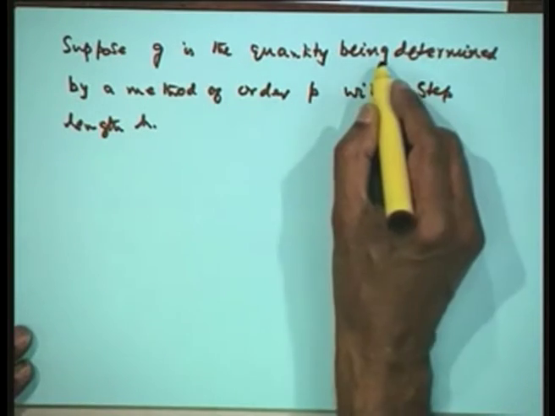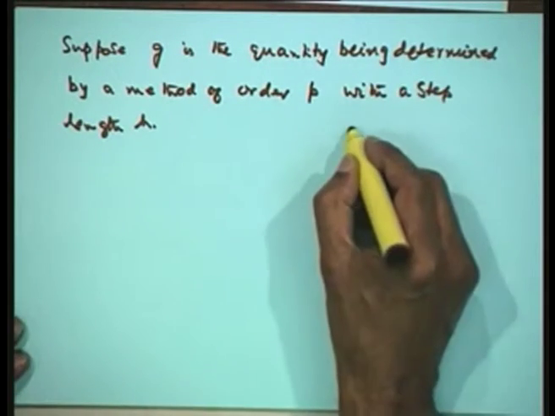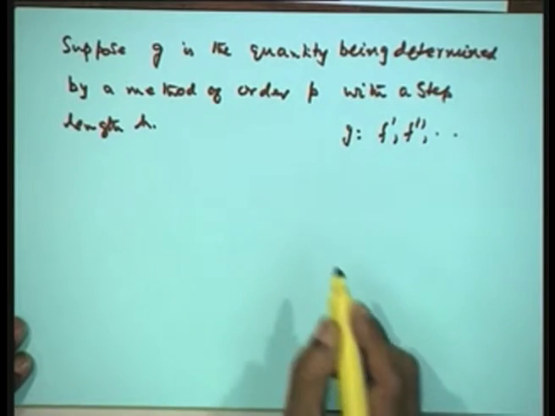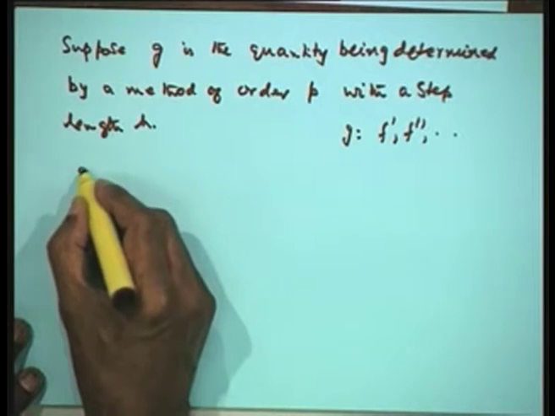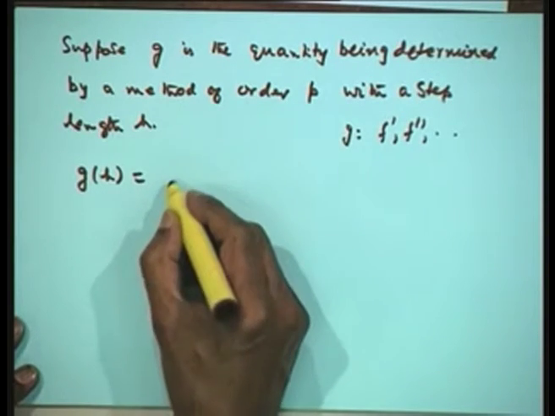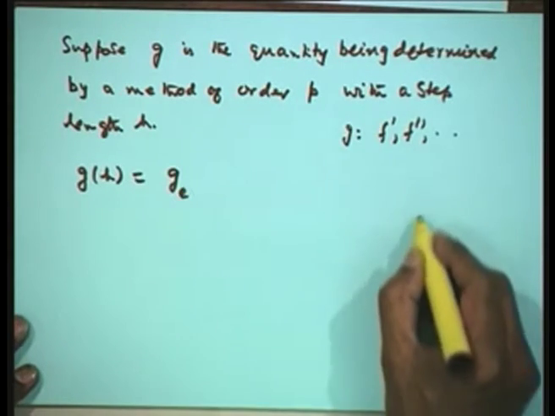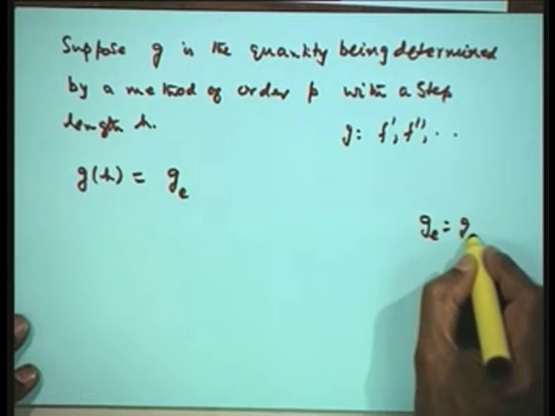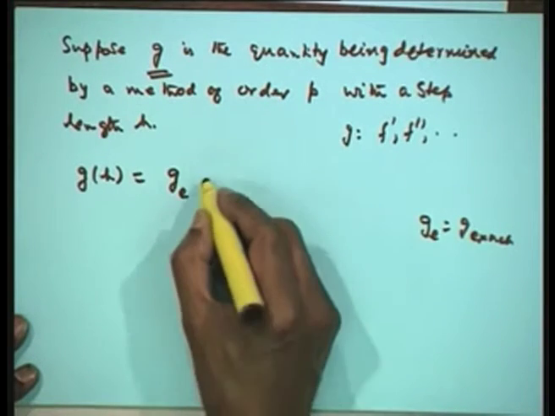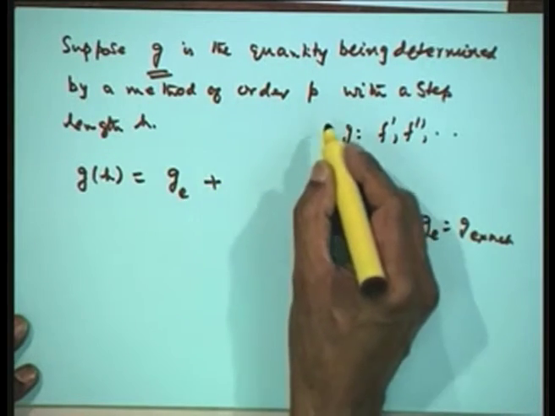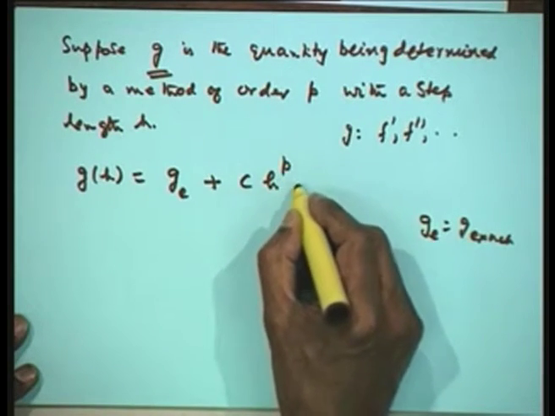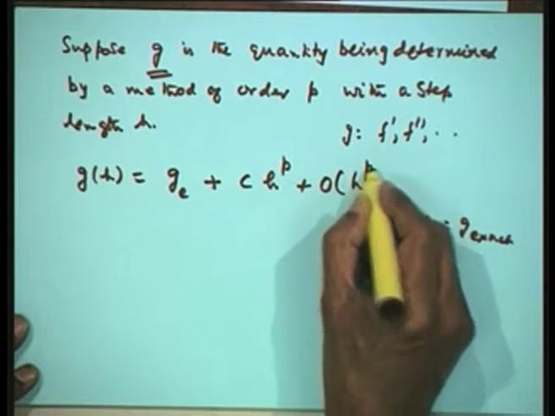Now, we can identify this quantity being determined as the first derivative, second derivative or any one of them. Therefore, what we have is G h, that means G obtained with step length h, is G exact, E for exact, that is the exact quantity G that is being determined, plus the truncation error, since we have a method of order p, therefore C h to the power of p plus order of h to the power of p plus 1.